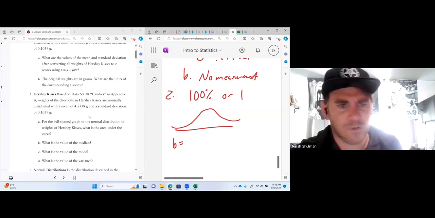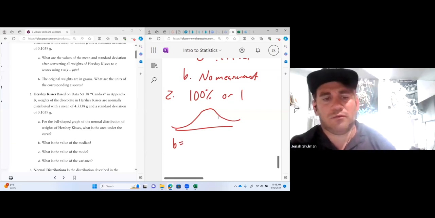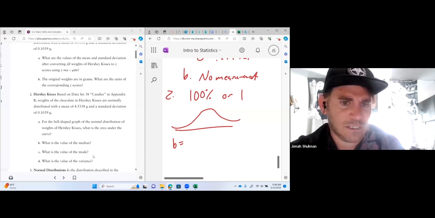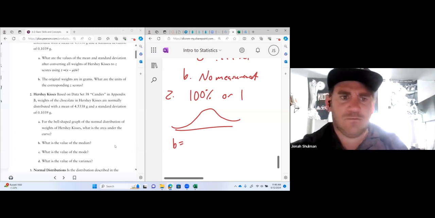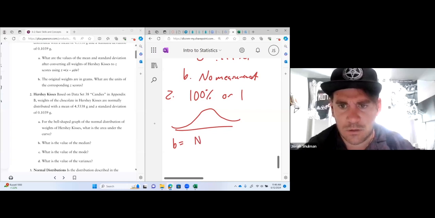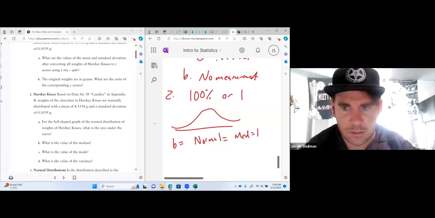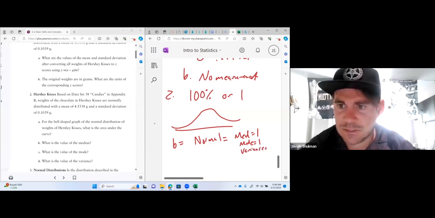So the area is 100% or 1. Okay, but what is the median, the mode, and the variance? If they're talking about the normal, the median's going to be 0.